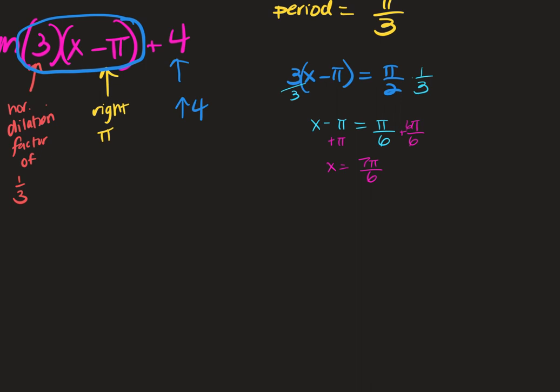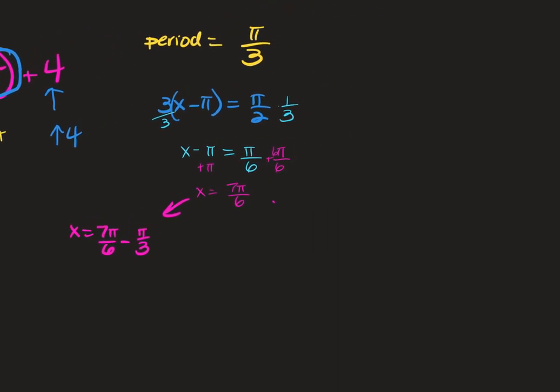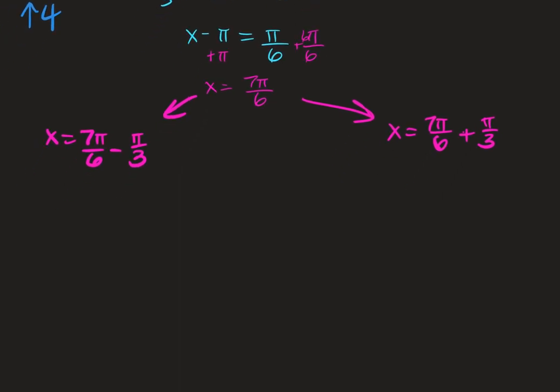So then from here, I'm going to subtract the period, which was pi over 3. And then on the other side, I'm going to add the period. So an over 3 and an over 6, I'm going to have to multiply by 2 here. 7 pi over 6 minus 2 pi over 6 is 5 pi over 6.